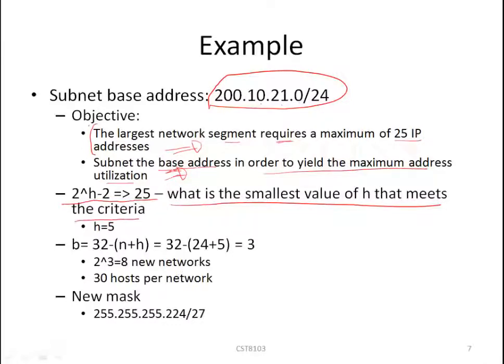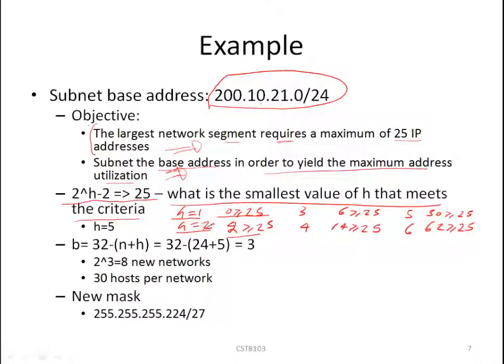So here, if h is equal to 1, we don't meet the criteria. 0 is not greater than or equal to 25. h equals 2 doesn't meet the criteria either. h equals 3, no. h equals 4, nope. h equals 5, yes. If the number of host bits is 5, we meet the criteria.